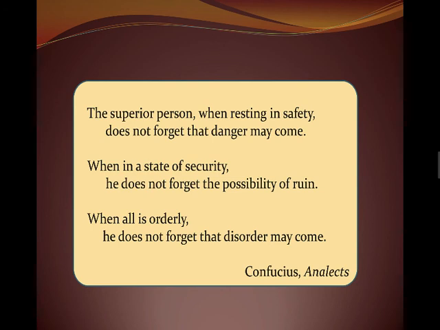Some people also know that the Ming Dynasty was a time when Confucius became a little bit more popular, and one of his major analects was about when in a state of security, a superior person does not forget about the possibility of ruin. When all is orderly, he does not forget that disorderly may come.